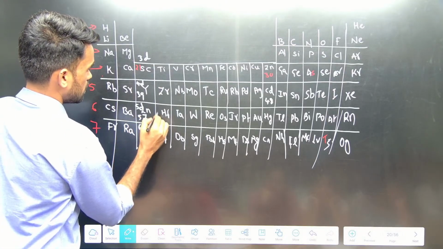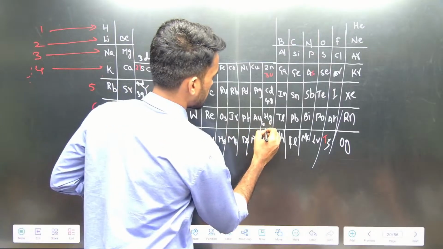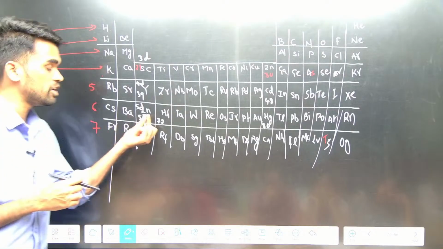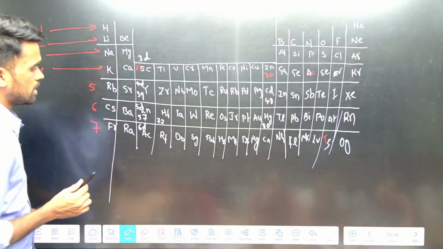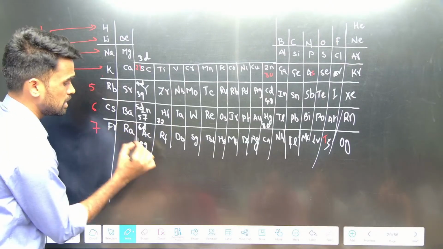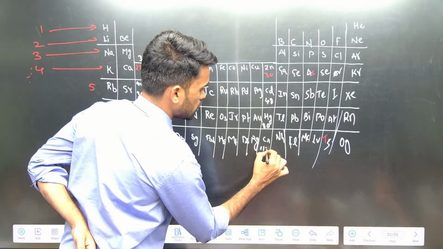This one is 72 to 80. Just remember these numbers, very important. Next, this one. So it starts, this is 89, actinides. After that, 104 to 112.